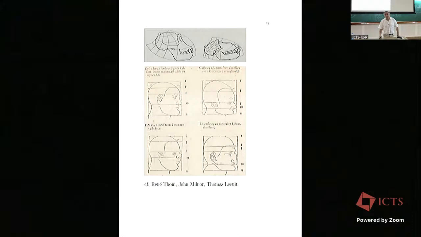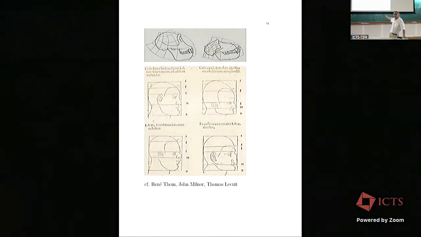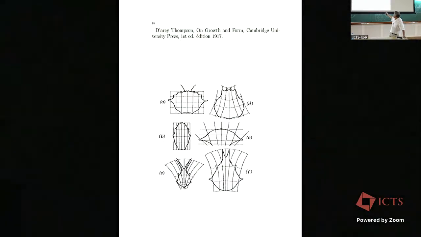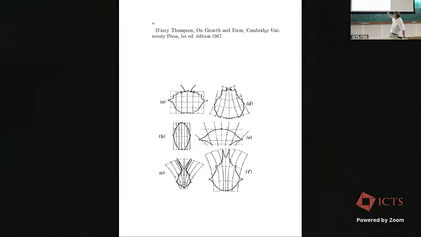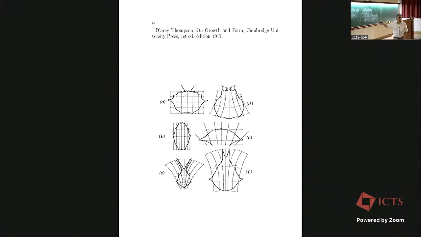This is the chair of biology, and this young Thomas Lecuit gave his inaugural lecture on this book, On Growth and Form. The lectures are also on the internet. If you are interested, you can look. In all his lectures, he mentions this book. Anyway, for us, I think these pictures are very inspiring. And okay, this is what I wanted to say.